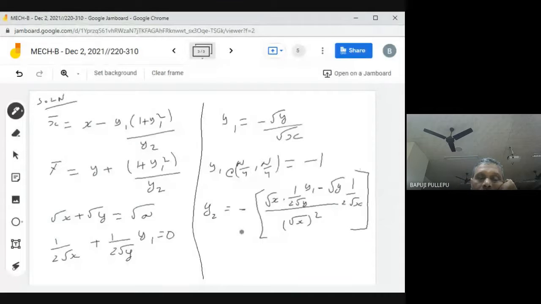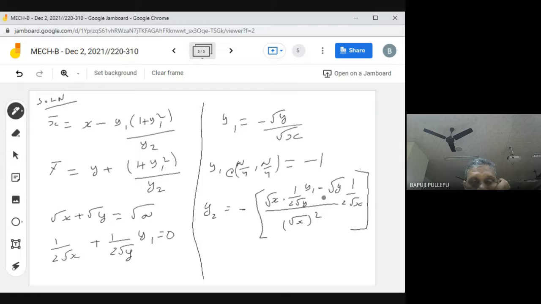Now y2 at a by 4: this is also a by 4, this is also a by 4, cancel. 1 by 2 is the balance, but y1 is equal to minus 1, so the total value is minus 1 by 2. Here also a by 4 cancels, so minus half. Are you agree with me?